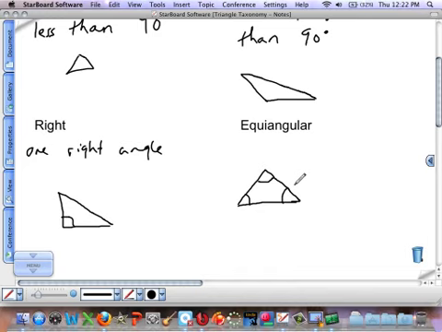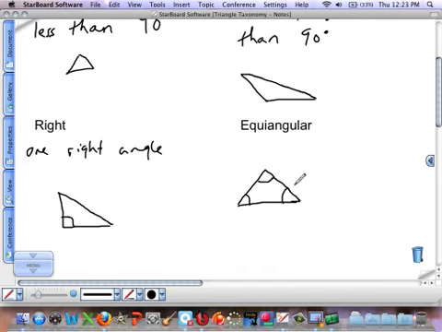Is equiangular and equilateral the same triangle? No, because one has the side lengths the same and the other has the angles the same. Well, would being one force you to be the other?